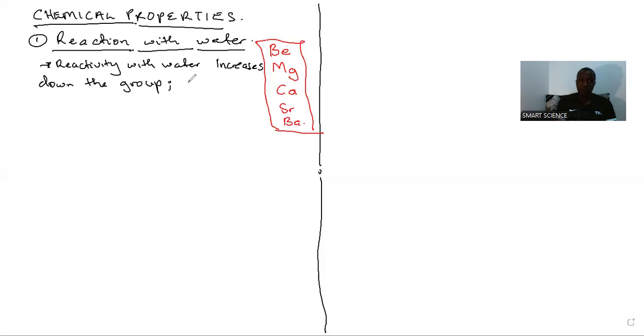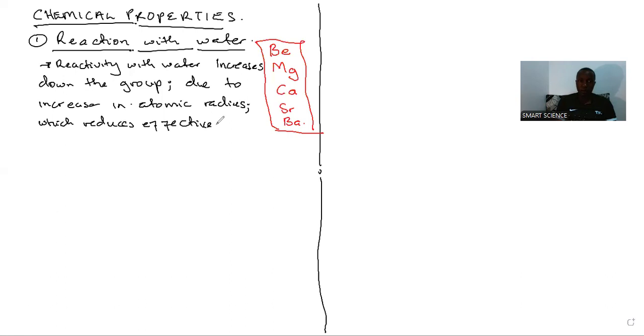And this one is due to increase in atomic radius as you move down the group, which reduces effective nuclear charge.